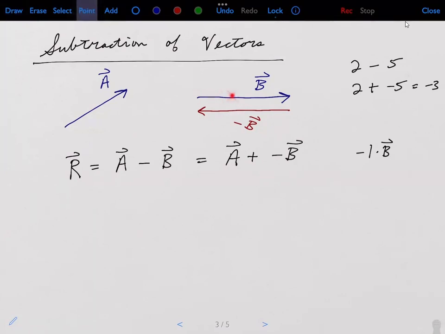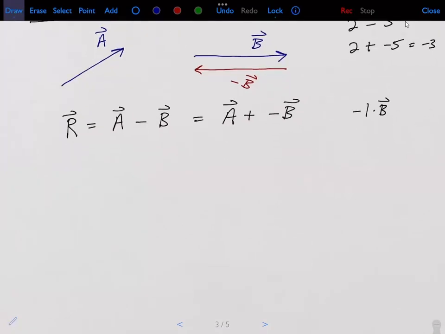So if this were originally B, then minus B will be the same length, but in exact opposite direction. Okay, so if this is at 0 degrees, then minus B is going to be at 180 degrees. Okay, so now if I want to subtract these, I've basically turned it into an addition problem now, right? So let me just sketch this out here.